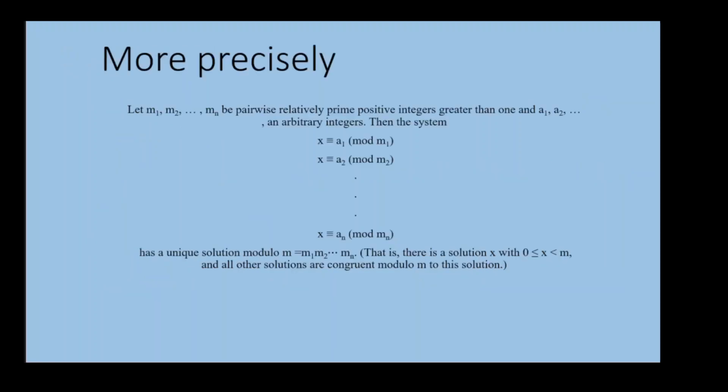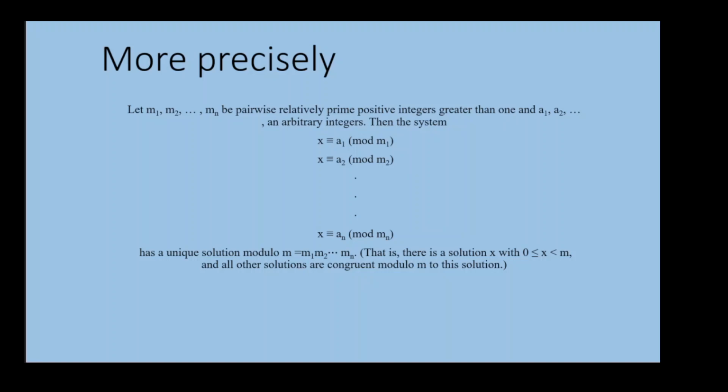More precisely, let m_1, m_2, up to m_n be pairwise relatively prime positive integers greater than 1, and a_1, a_2, up to a_n arbitrary integers.